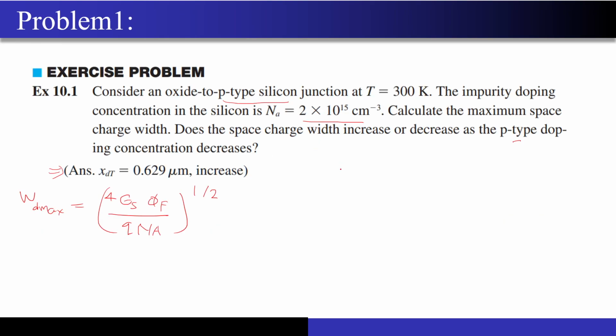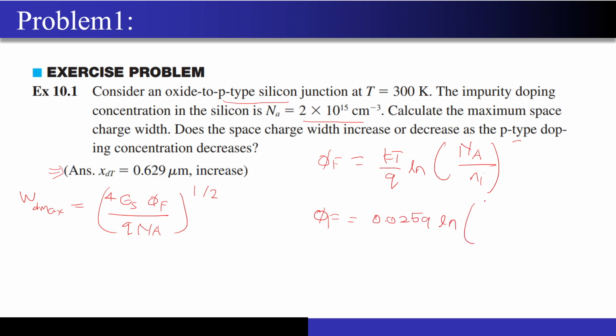It is pretty much easy. We have done it 100 times. So what is phi f? It is nothing but kT by q ln of Na by ni, since this is a p-type semiconductor, so I have acceptor atoms. If it was n-type, then I would have written Nd over here. So now let's calculate this value. kT by q is nothing but 0.0259, ln of Na over ni.